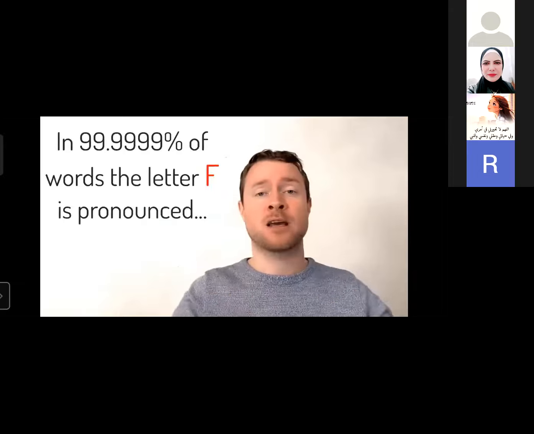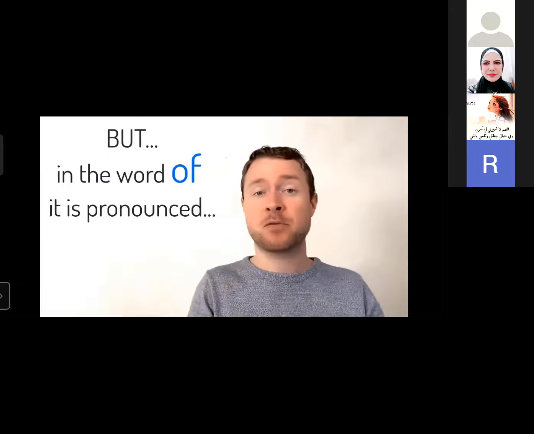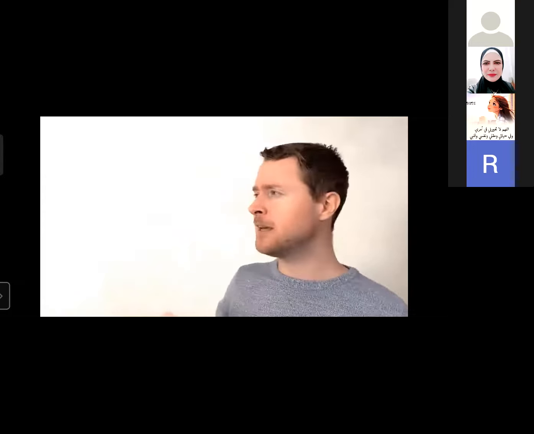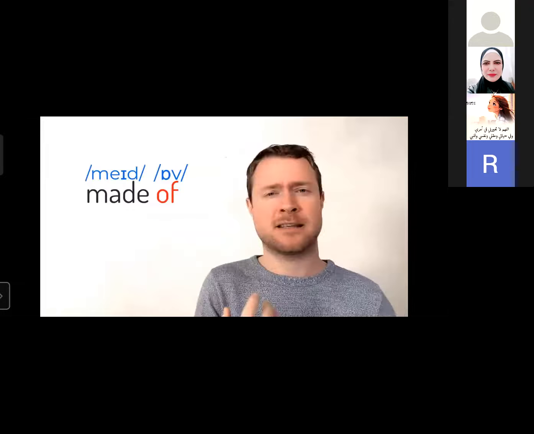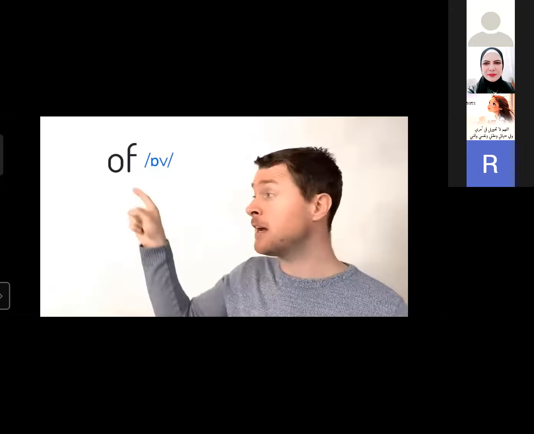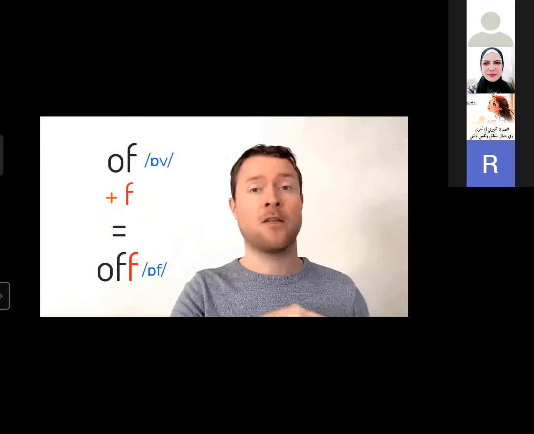Okay? So, in every other word in English, the letter F is pronounced f. But in the word of, it is pronounced v. Of. It's made of. Okay? Of. But remember, if you add another F, it becomes off.